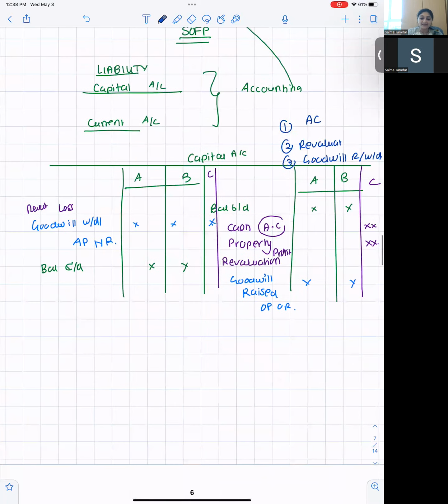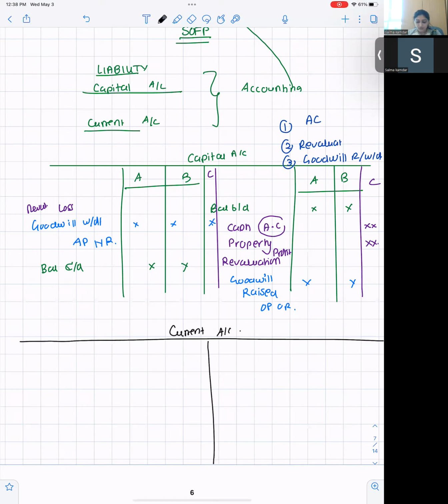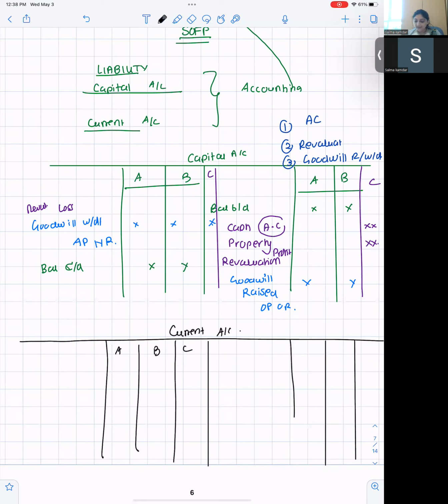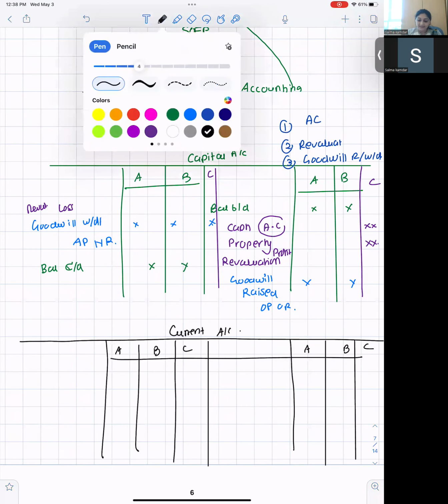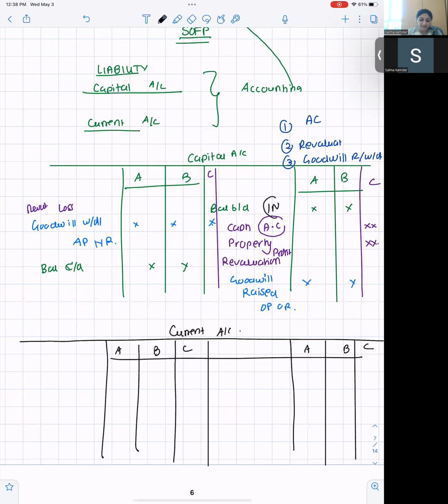So what will happen in the current account of the partners? When I follow a fixed capital accounting method, I will prepare two accounts related to the partners. One would be the capital account of the partners, and one would be the current account of the partners. The capital account will incorporate all things related to capital introduced or capital withdrawn, number one.